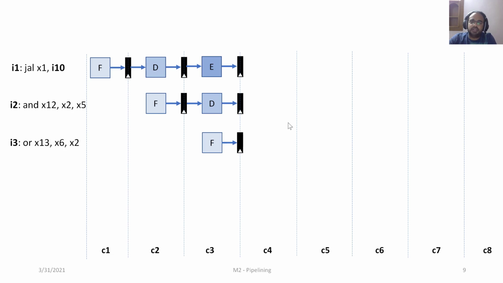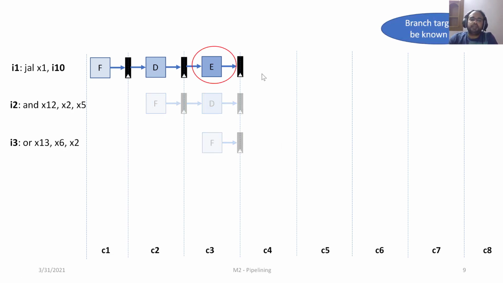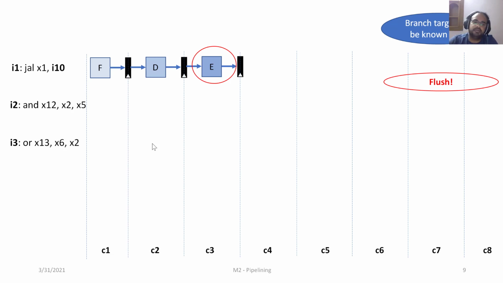So in cycle 4, when we know that the target is I10, we have to flush or clean the pipeline basically of I2 and I3. That's called flushing the pipeline, right?